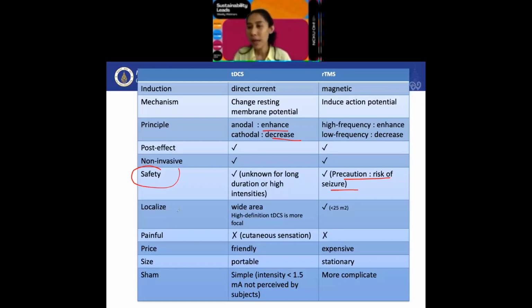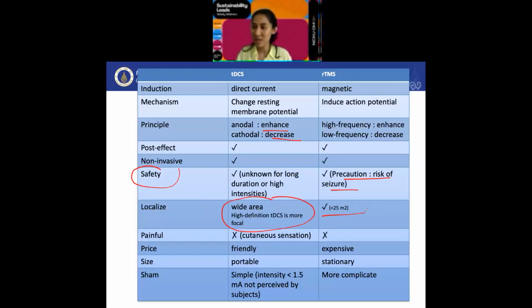But my colleague has done tDCS in people with epilepsy, using cathode stimulation, and found that it's safe. All right, localization: I showed you that tDCS can induce a wide area, not focal, while rTMS is very focal.